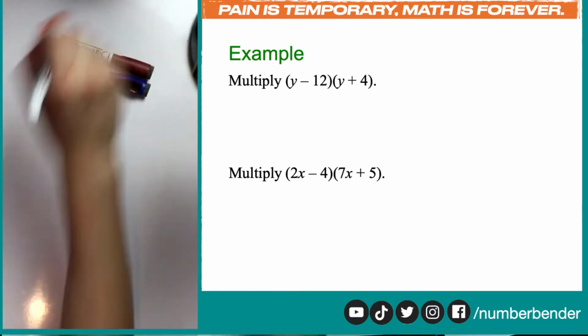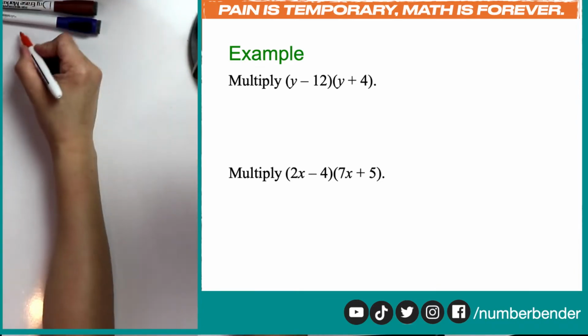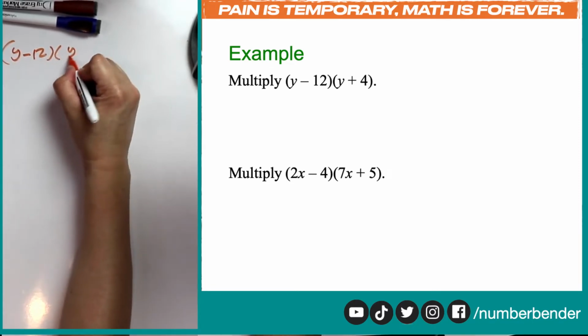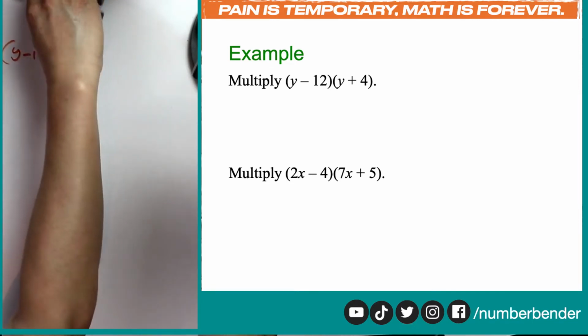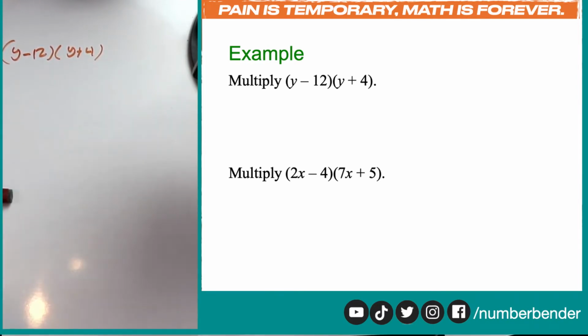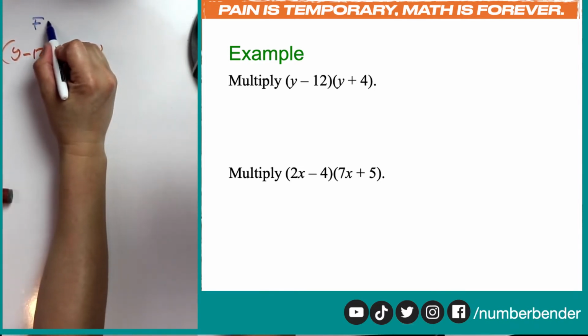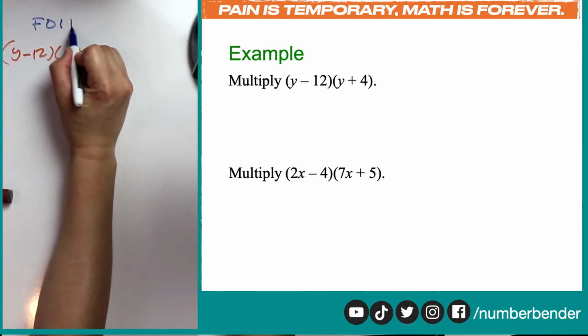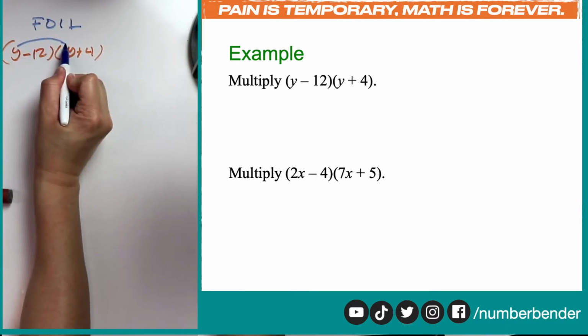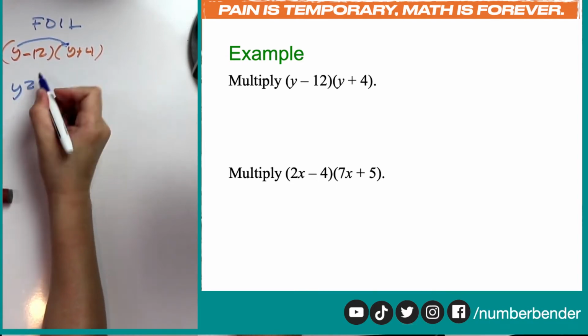So let's start with the first example, which is multiplying y minus 12 by y plus 4. Now, using the FOIL method, which is basically first, outer, inner, last, we're going to multiply the first terms, which is y squared.